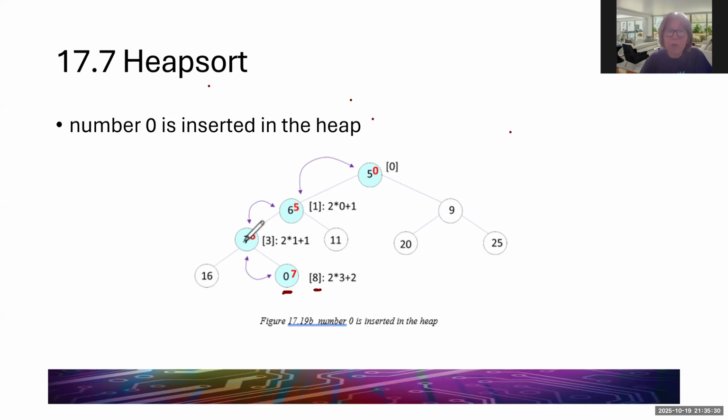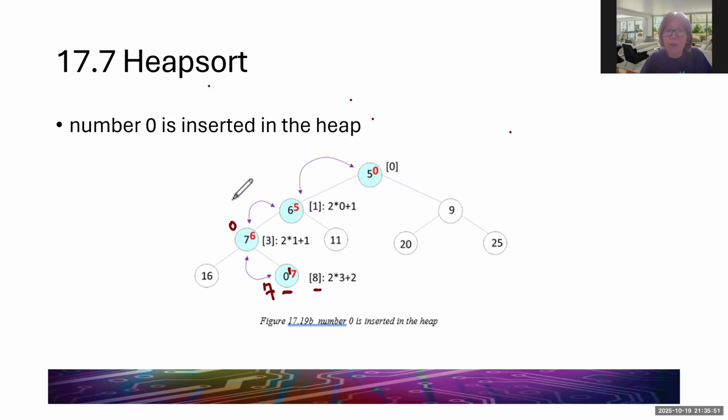First we need to compare with its parent node. We can clearly see that 0 is less than it, so we need to swap them. So we put 7 here and 0 here.